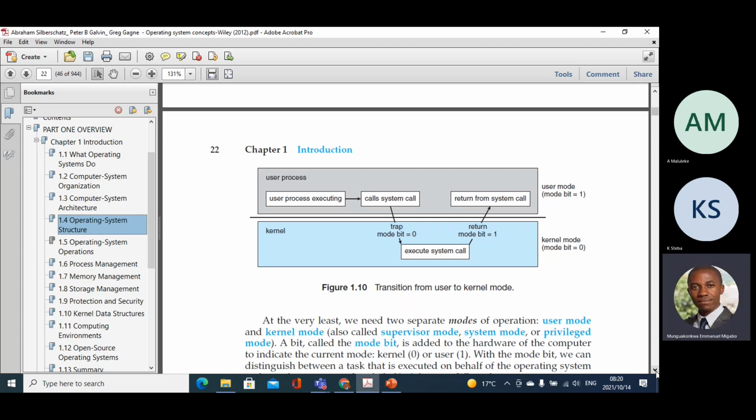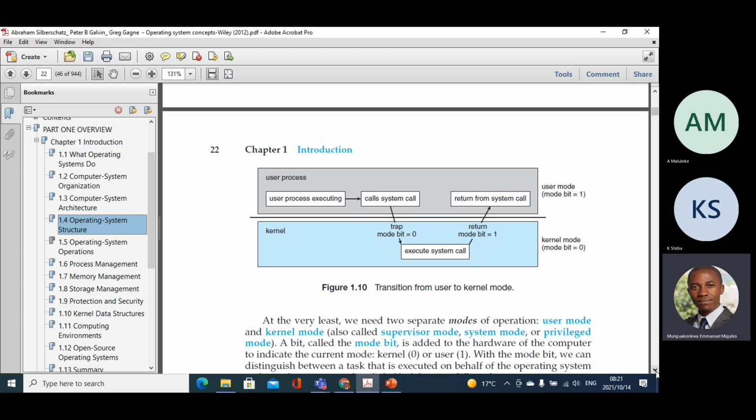The kernel mode, which is also known as the supervisor mode, system mode or privileged mode, as opposed to the user mode, which is mostly initiated from a user application. This can be done by means of hardware, but it can also be done by means of software in a sense that there can be a single bit called the mode bit.